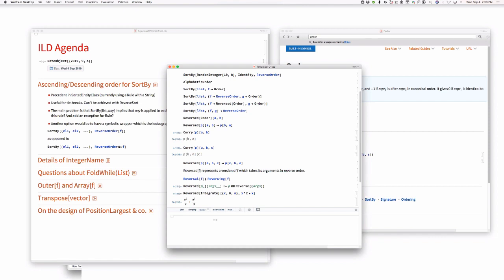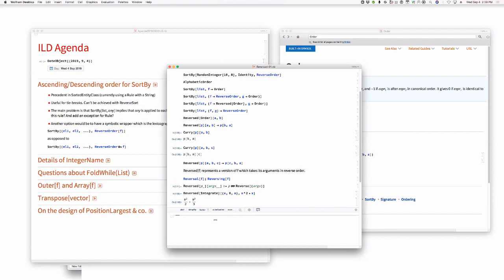And we could have reversed take a second argument, which is some kind of spec or a permutation to say exactly what to reverse. I don't know if that's useful. It seems like maybe it's overkill. I think we would have curry in general to do that.